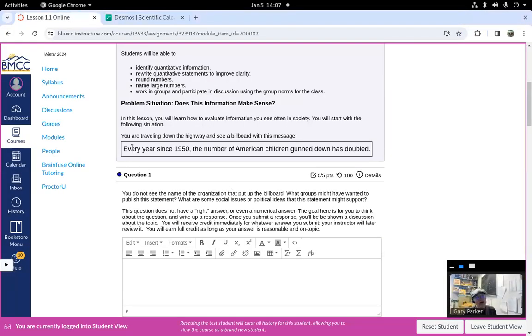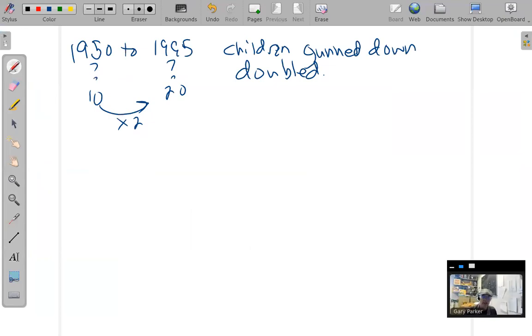Oh, every year. So in 1951, it doubled. 1950 and 1952, it doubles again. Oh, that's a little more difficult than I thought. Doubled every year.